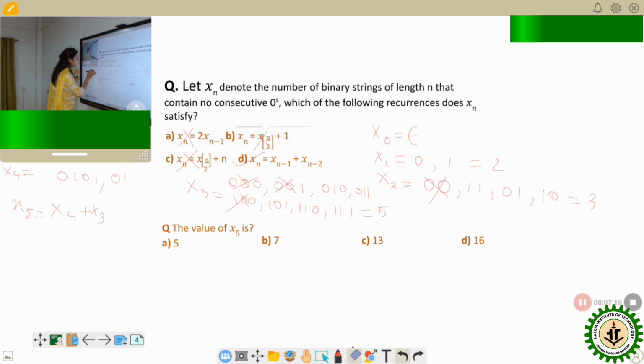Again 0110, there are no consecutive zeros. 0111, there are no consecutive zeros. 1000, there are consecutive zeros.